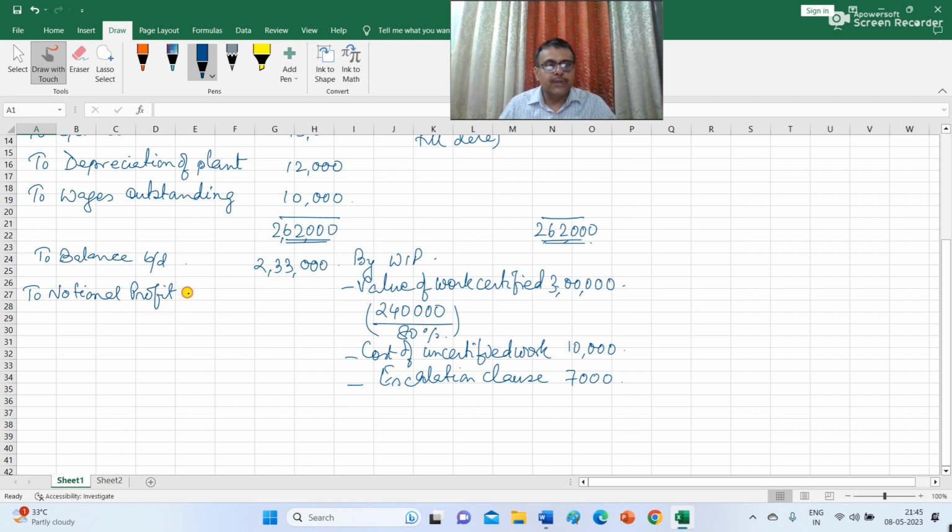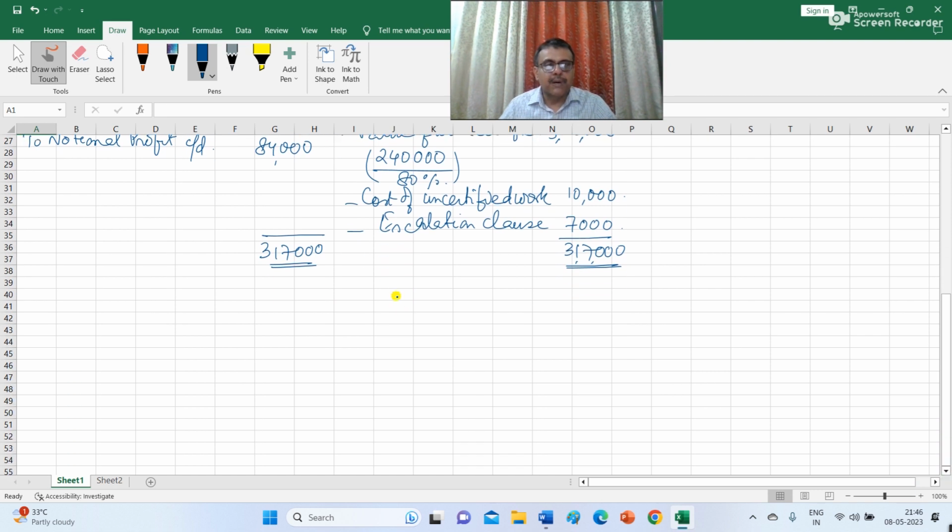So notional profit is rupees 84,000 and the total is 3,17,000 in the second part of the contract account. Now, coming to the third part, I have to calculate what will be the amount that will be taken to profit and loss account. So by notional profit, this is basically the accounting profit, 84,000.